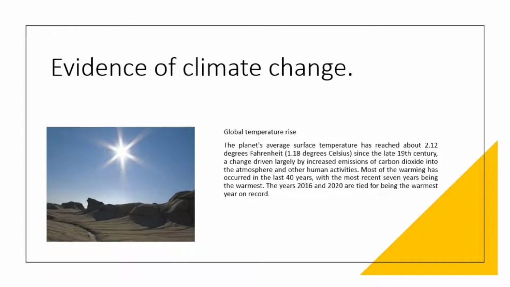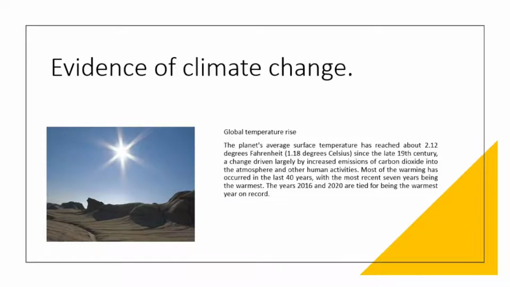Evidence of climate change. Global temperature rise. The planet's average surface temperature has risen about 2.12 degrees Fahrenheit, 1.18 degrees Celsius, since the late 19th century, a change driven largely by increased emission of carbon dioxide into the atmosphere and other human activities.